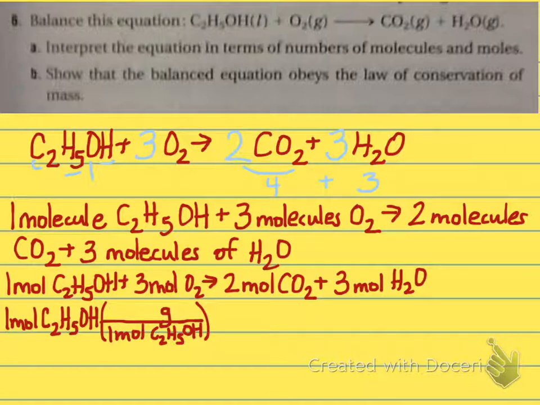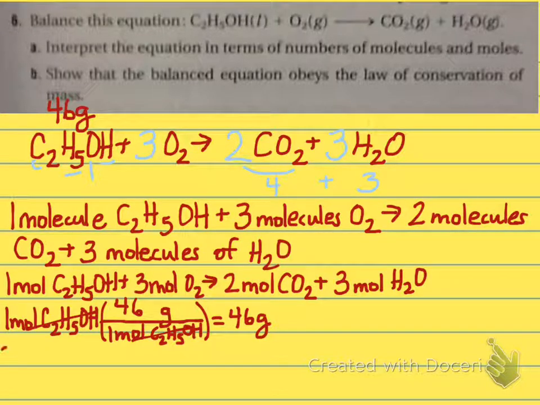So carbon's 12.011, so 12 times 2, because there's 2 carbons. 1.0079 for hydrogen, so 1 times 6, plus 1 oxygen at 15.999, so we'll call that 16. So that gives me 46 grams. So this is going to be 46 grams.